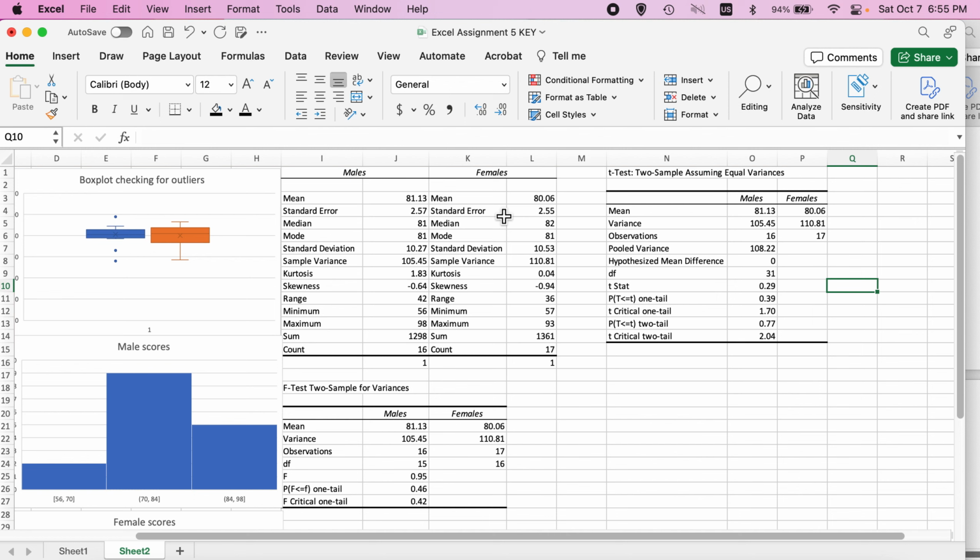You have a very small effect, probably way smaller than the 0.2 that you would normally want for a small effect size. But there's no difference, and that's how you would report it.